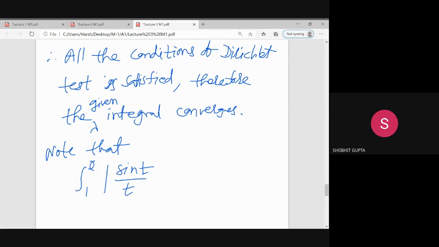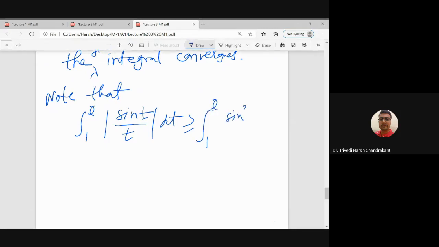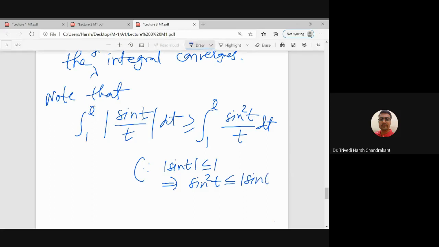Yes, sir. Okay, so now we are checking whether the integral is absolutely convergent or not. For that we integrate the function using the modulus, and then we know that this integral is less than or equal to sine squared t divided by t. Because modulus of sine t is always less than or equal to 1, we get sine square t is less than or equal to modulus of sine t.